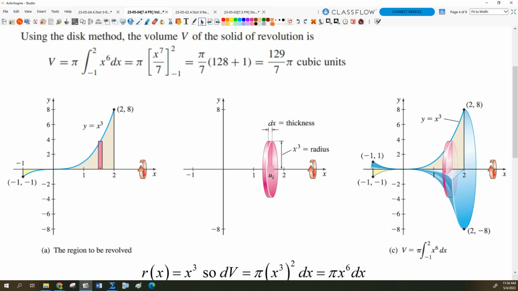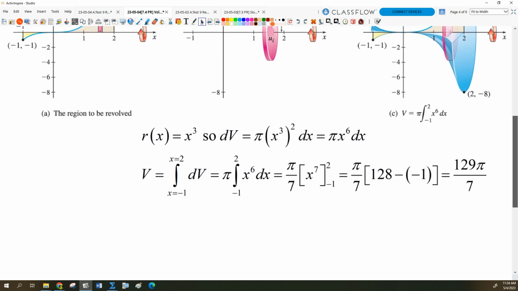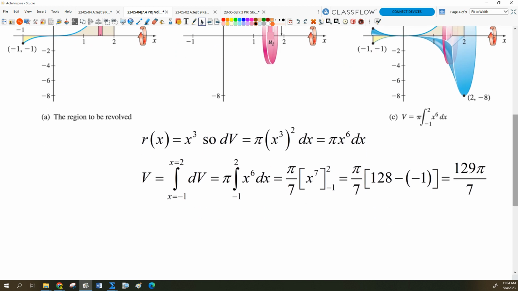X cubed. Yeah, right? And the thickness is dx. So a volume element is just going to be pi times x cubed squared, the radius squared times dx. So it's just pi x to the 6 dx. That's the volume of one little disk, right?